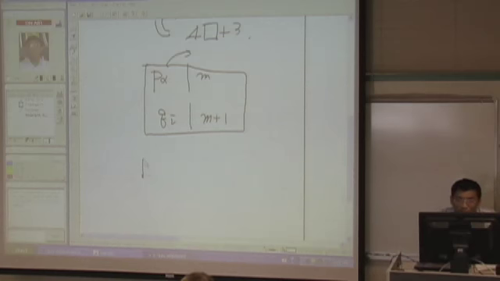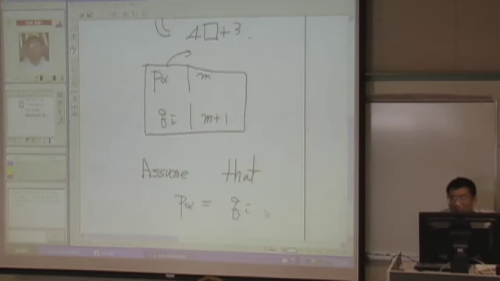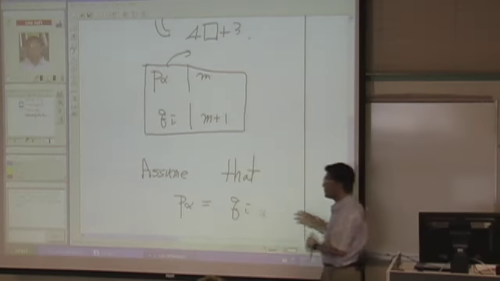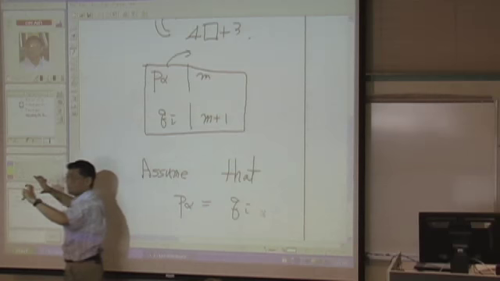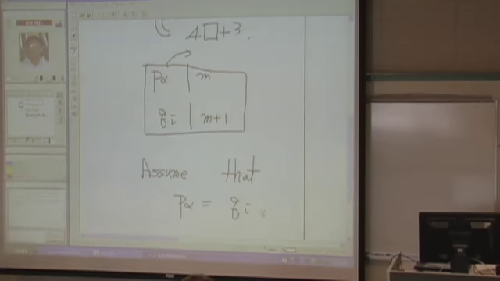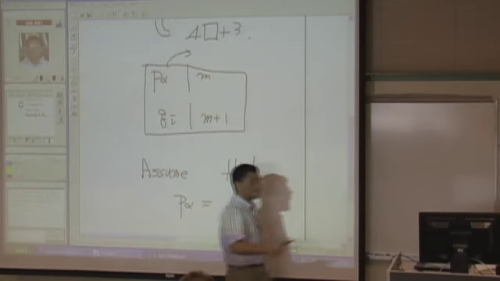Assume that P alpha happens to be some Q sub i, right? i is generic. Assume that P alpha belongs to that set. Then what happens? These two numbers are the same, right?